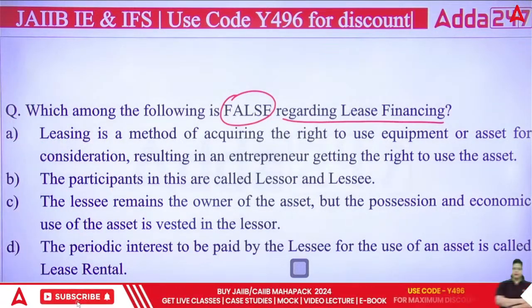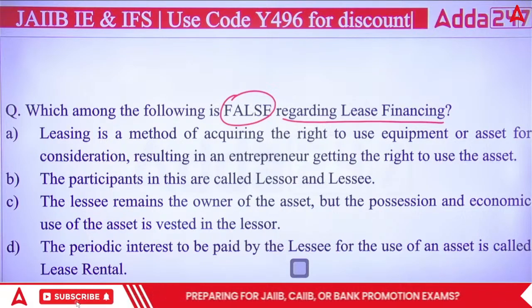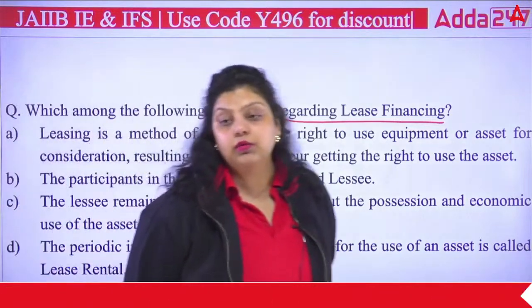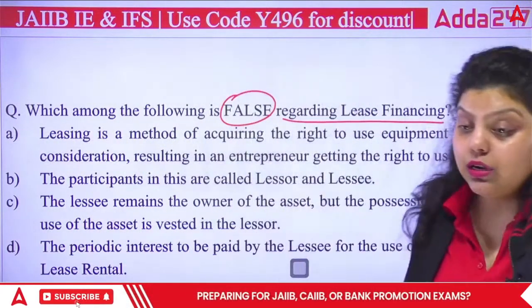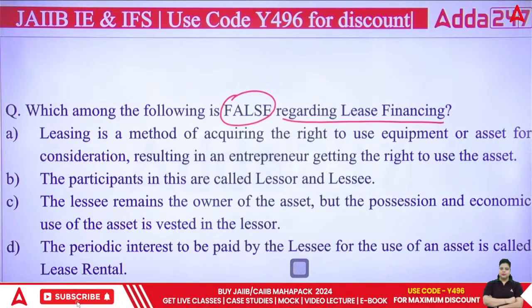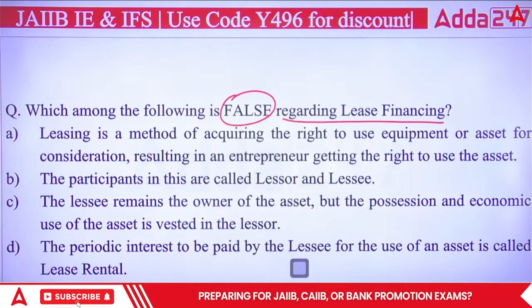Third, the lessee remains the owner of the asset, but the possession and economic use of the asset is vested in the lessor. Fourth, the periodic interest to be paid by the lessee for the use of an asset is called lease rental. So which of the following do you think is not correct, or false, we can say, in context to lease financing? A, B, C or D? Which of the following is false? A, B, C or D?